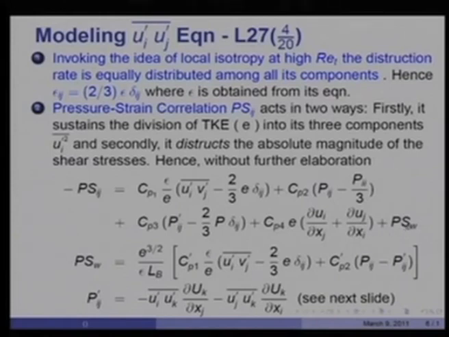Now, this is called the wall reflection term, and it is modeled in this fashion. P dash I j, which appears here, is the turbulent stress production term. So, let us see in the next slide how these terms get further simplified.